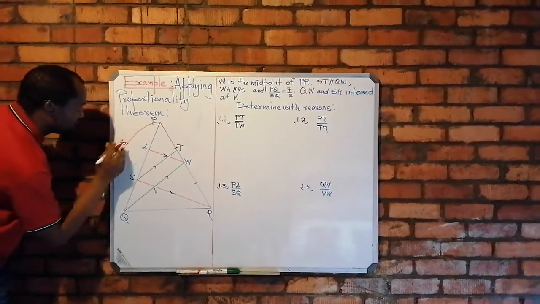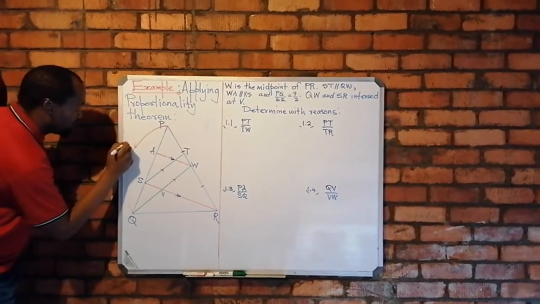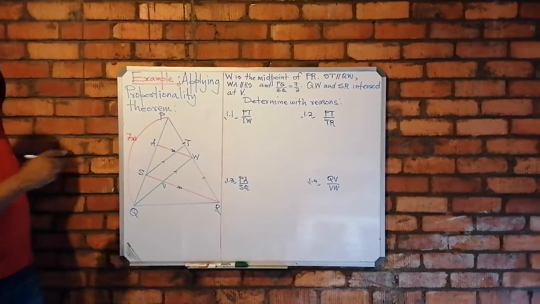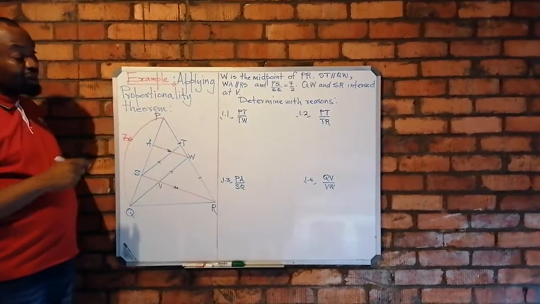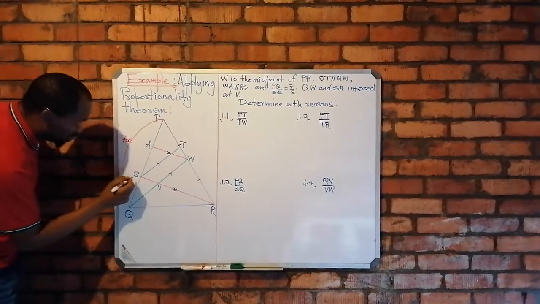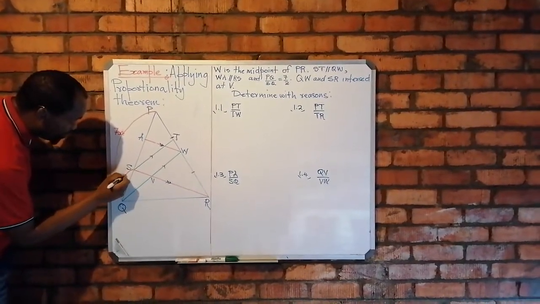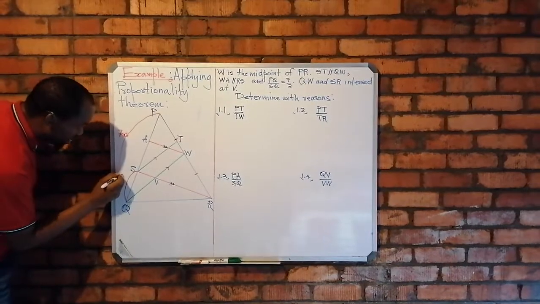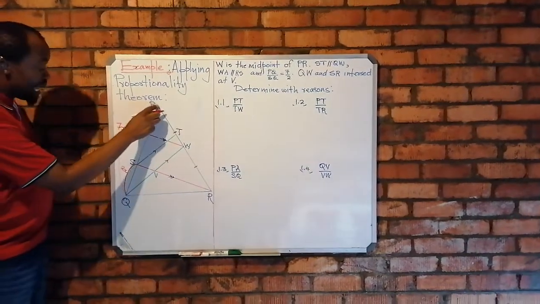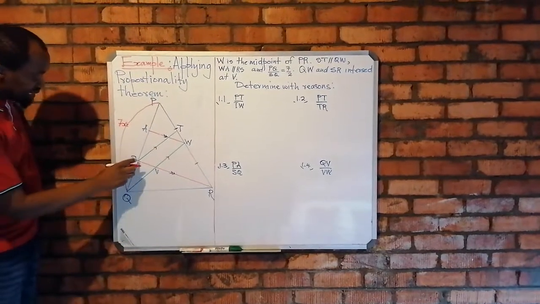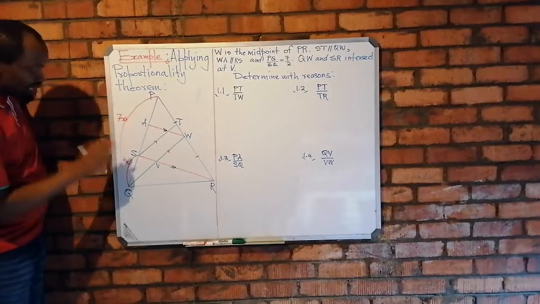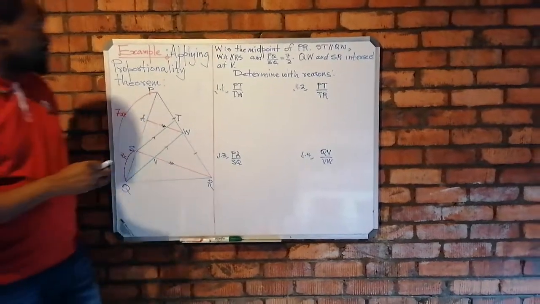I would say this is 7x. Let me write it so that you can see 7x, because now it was simplified. Then SQ is 2. That means from here to here it would be 2x, because I am comparing this to that. That means it would be 7x, it would be 2x.